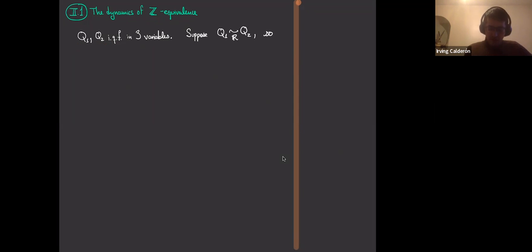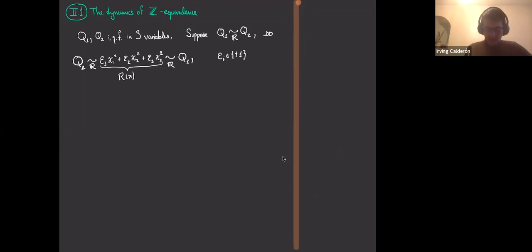This means that over R, Q1 and Q2 are equivalent to some diagonal quadratic form with coefficients plus or minus 1. I will call this R. Okay, so now what I'm trying to do first is to say in other terms when Q1 and Q2 are C equivalent. The R equivalence of the quadratic forms is controlled by the group G, GL3(R).